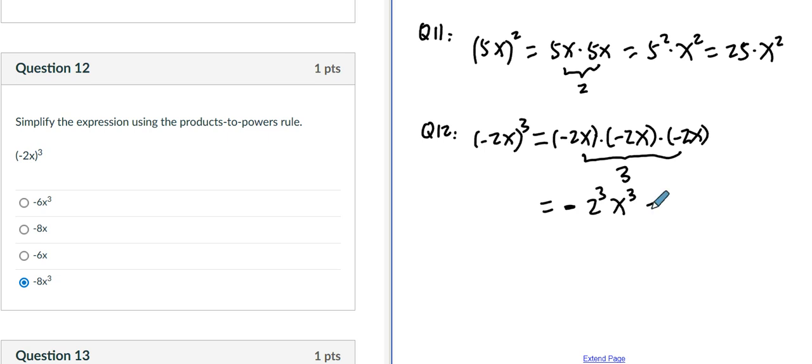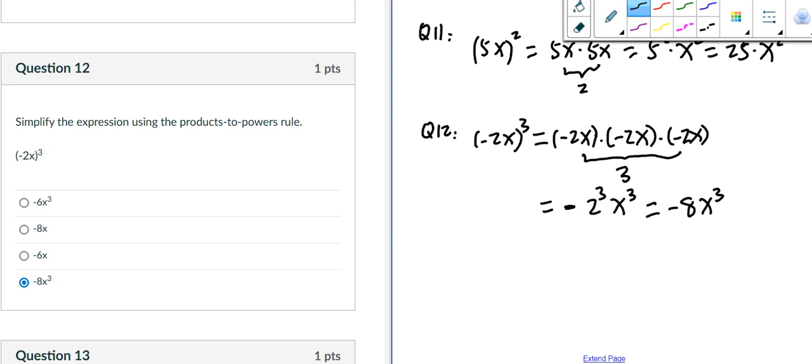So then we know what's the answer right there: 2 times 2 times 2, 3 times. So the last one will be the correct answer.